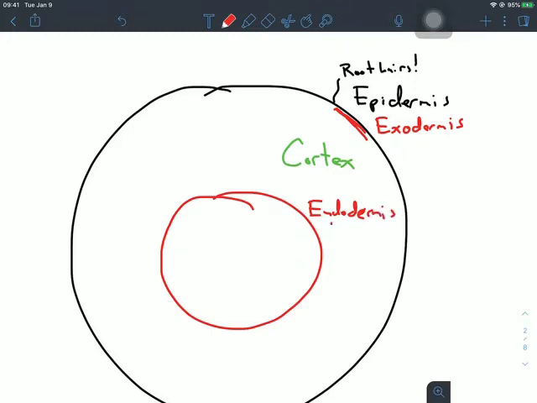In terms of filtration, the endodermis is much, much, much thicker and stronger than the exodermis. The endodermis is actually going to really put a hard stop to anything that isn't pure water from coming in. So you can get some suspect ions transporting into the cortex, but once they hit the endodermis, they're done.